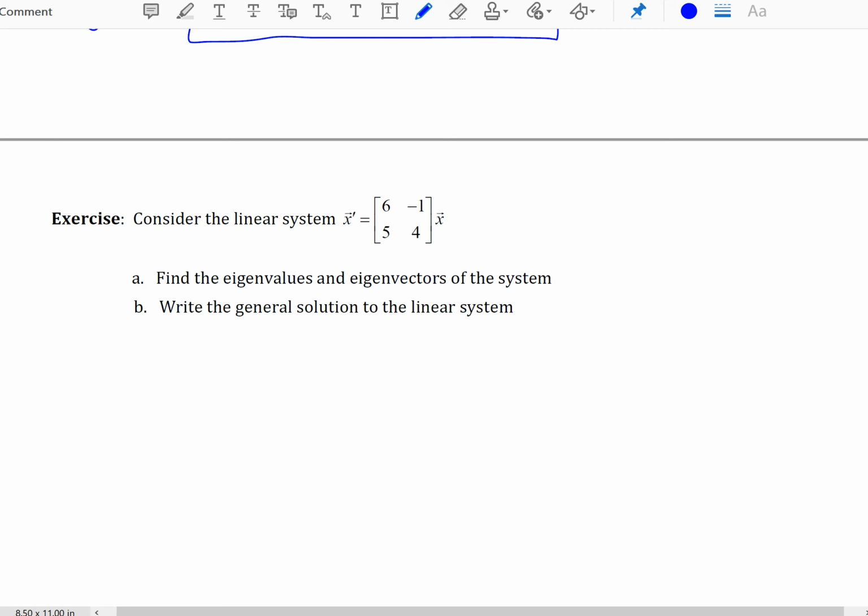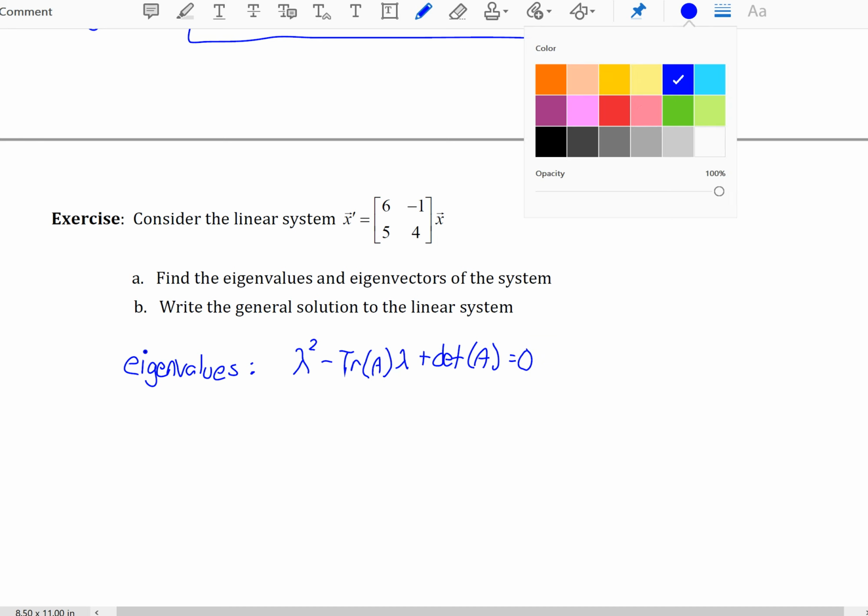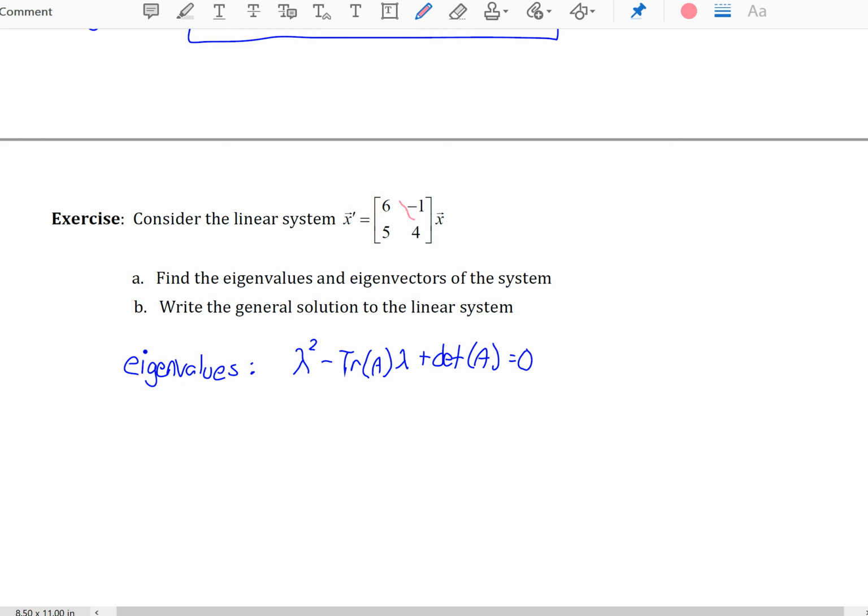So let's first look for our eigenvalues. And of course, my preferred method for finding the eigenvalues is using this characteristic equation of the form lambda squared minus the trace of A times lambda plus the determinant of A. Recall that the trace of your matrix is the sum of the main diagonal.